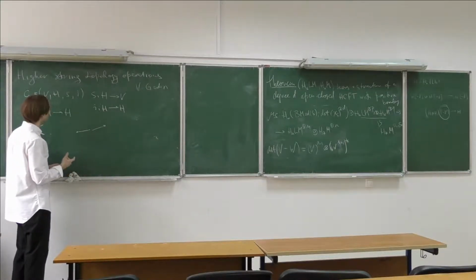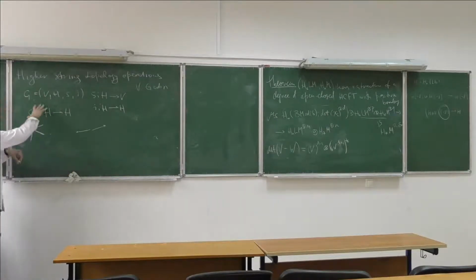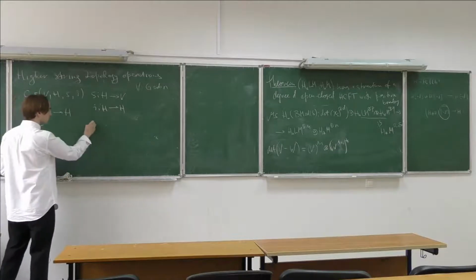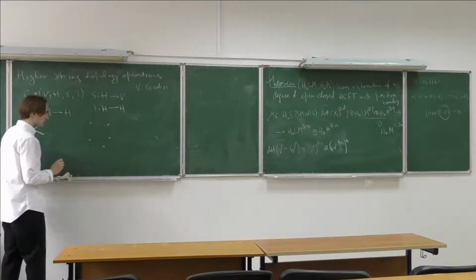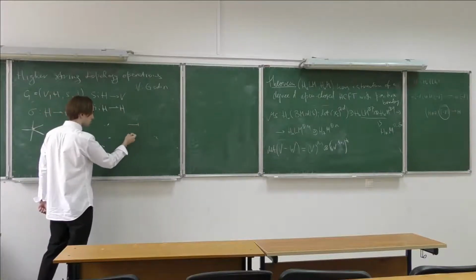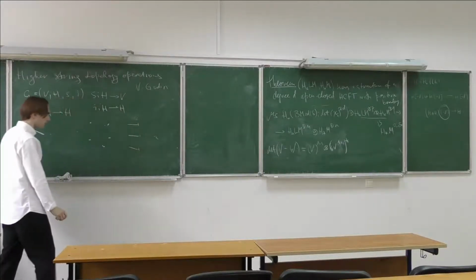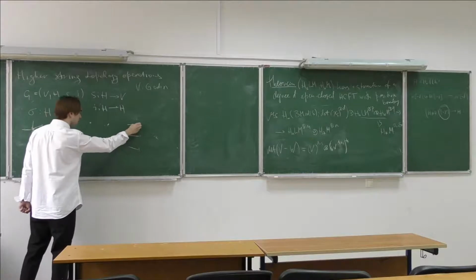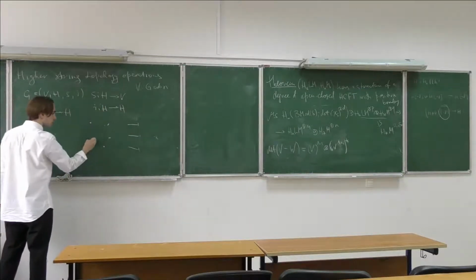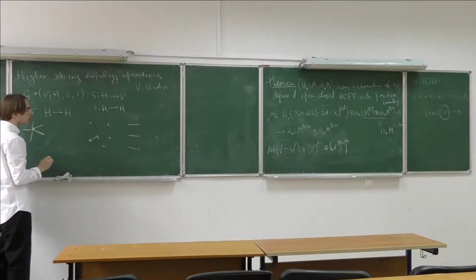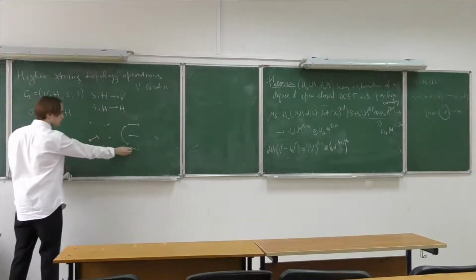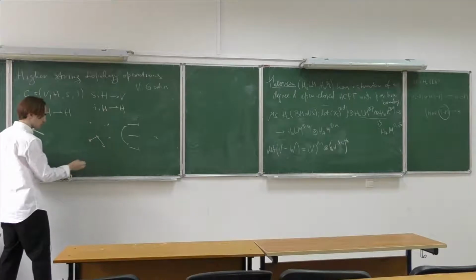Okay, so how do we get from this combinatorial data the real graph? We can just take the set of vertices, then we can take the set of half edges, and the recipe is: you take a half edge, then you look at the source map, you glue this half edge to the vertex, and then the involution says which half edge is paired with which half edge, and then you glue them like this, so you get an edge.